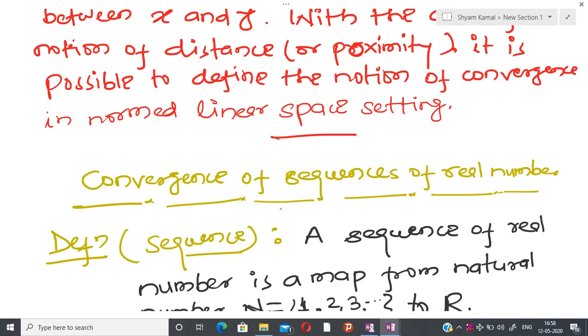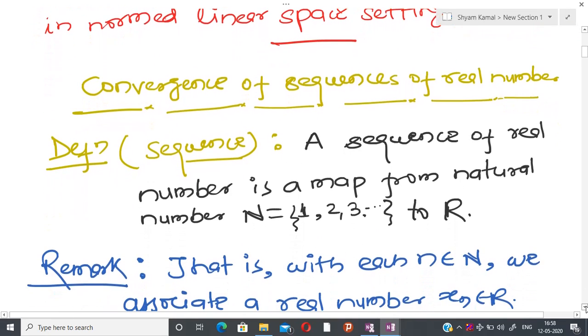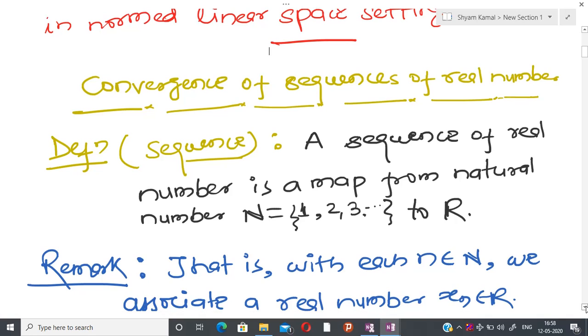So basically, if you see the space which contains just real numbers, then it will automatically satisfy the properties of vector addition and scalar multiplication, and I am able to define the notion of distance by absolute value. So somehow that also satisfies the properties of normed linear space as well as metric space.